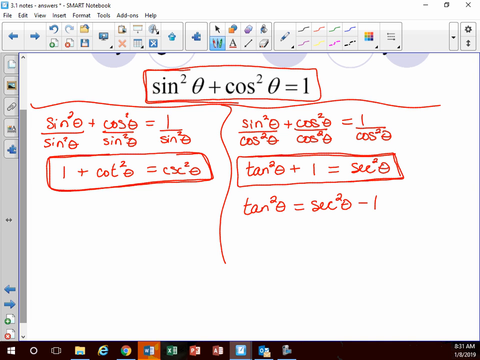So that's the same formula, just another version of it. So on the left here, if I wanted this to be cotangent squared equals, what would that equal? How would I get it by itself? Yeah, you'd subtract the 1 again. So cosecant squared minus 1.